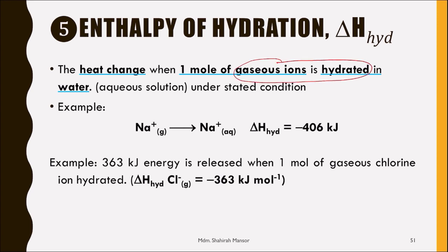So the gaseous ion is actually on the reactant part. In order to write your thermochemical equation, you have to balance the equation until the gaseous ion is in 1 mole. So 1 mole should refer to the reactant part. When this 1 mole of gaseous ion is hydrated, or put in any aqueous solution, it will become sodium ion aqueous.